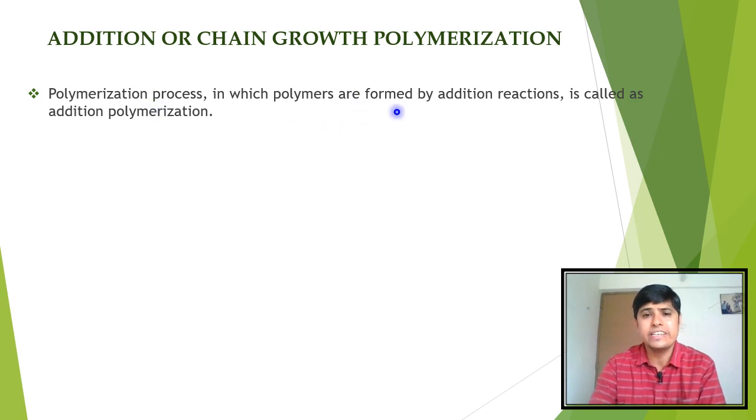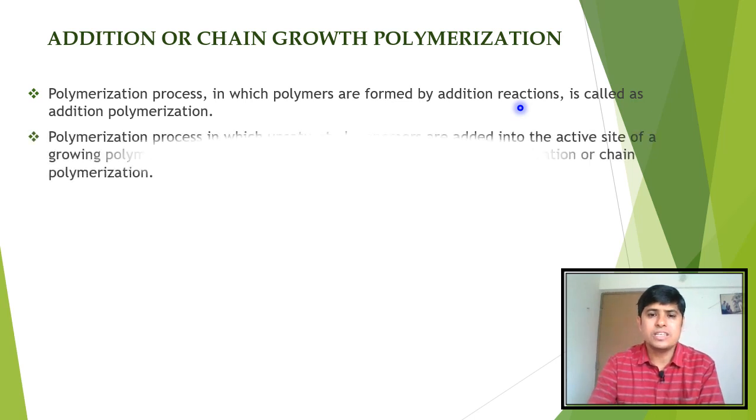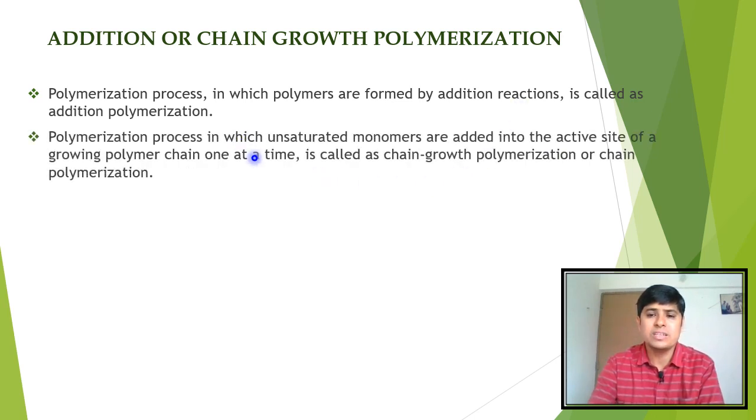Polymerization in which unsaturated monomers are added to the active site of a growing polymer chain one at a time is called chain growth polymerization or chain polymerization.